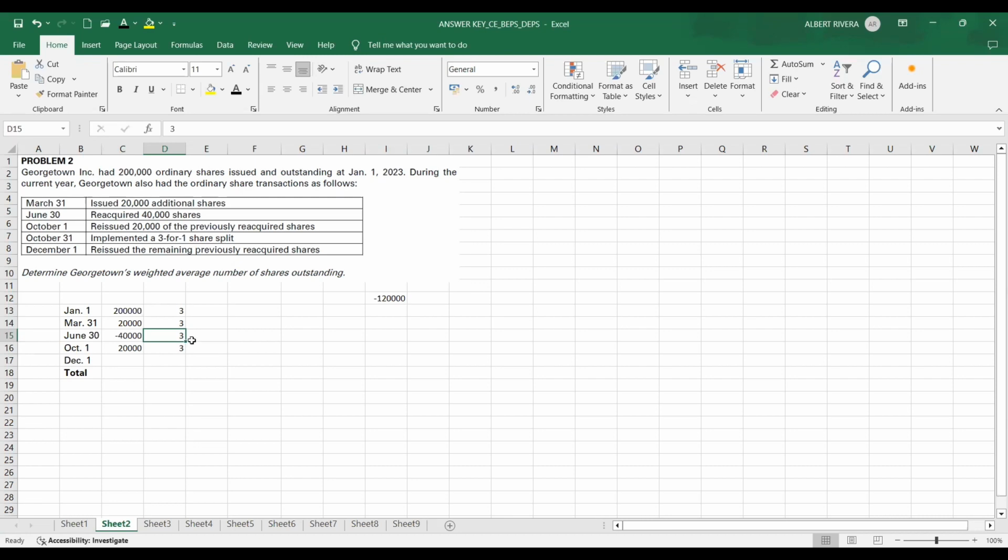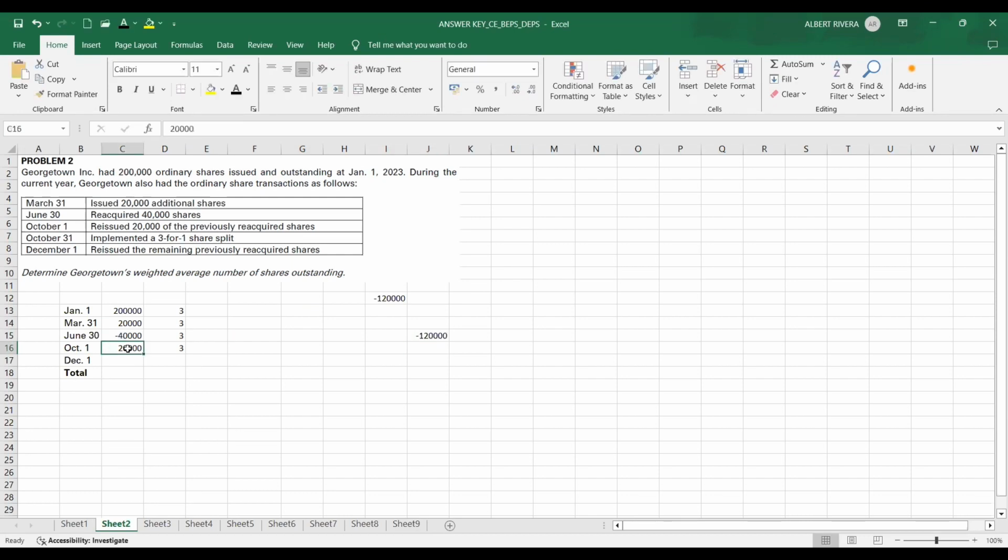So how many are left? Coming from this 40, times 3, that is your treasury, 120.